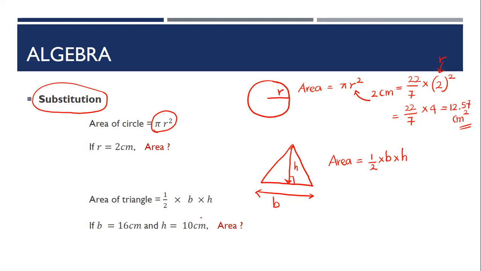In this example, B is 16 centimeter and H is 10 centimeter. We can substitute the B value as 16 centimeter and our H value as 10 centimeter. What is the area we are getting for this triangle?